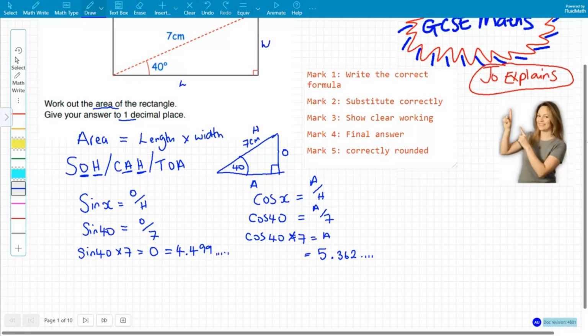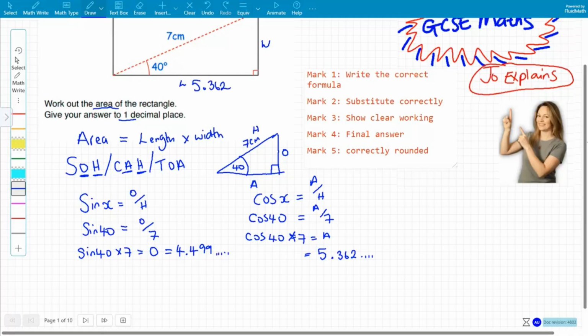Okay, so now we're on to the final stretch here. What we're going to do is find the area by multiplying the length and the width. Back up to our diagram, we said that the length was also called the adjacent, and we worked the adjacent out to be 5.362, so it makes sense it's the larger value.